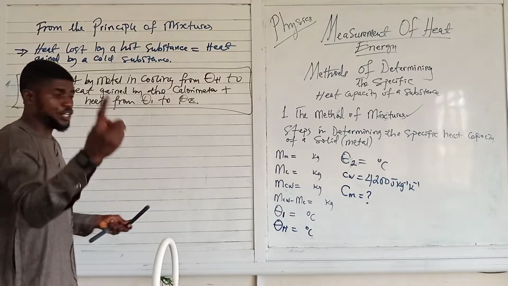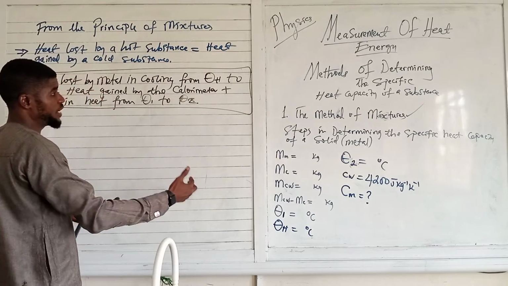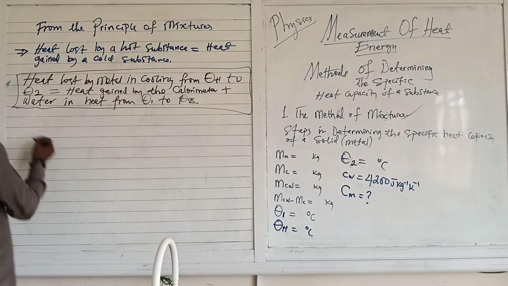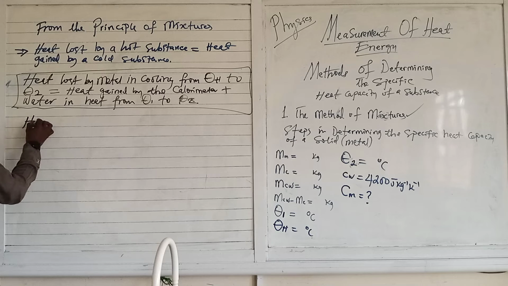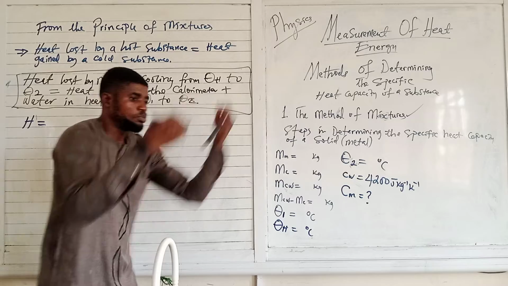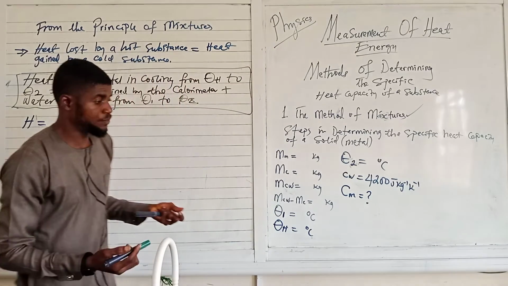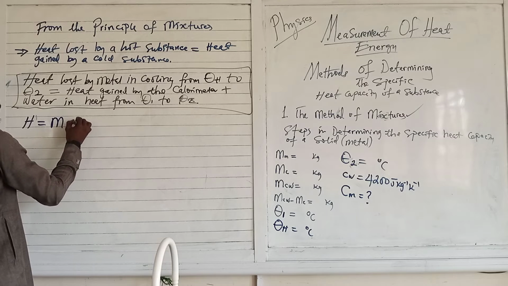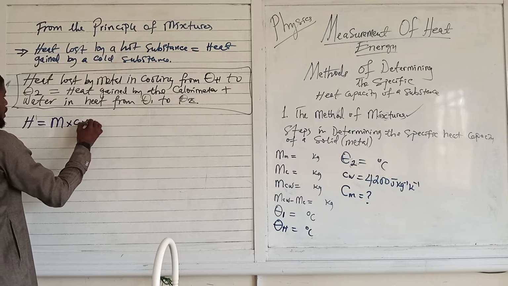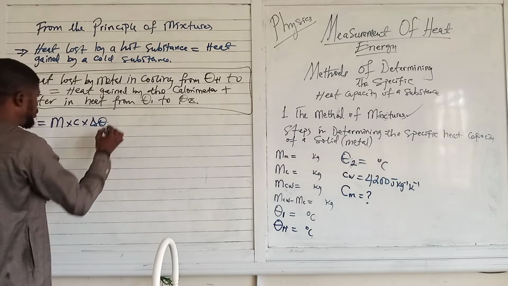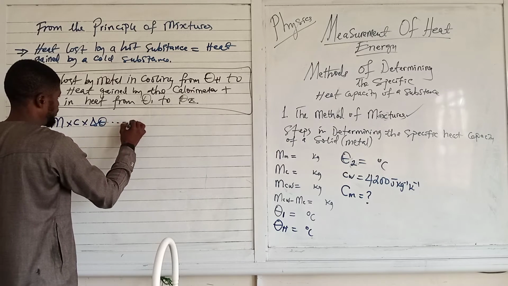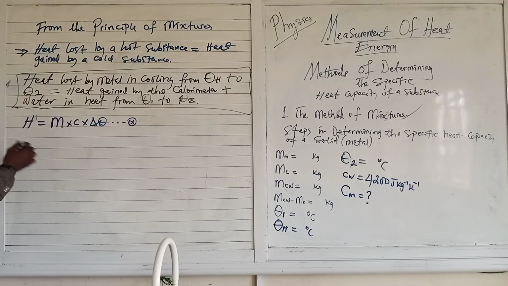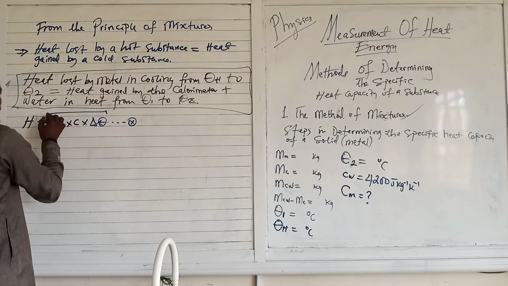Recall that from the equations I wrote here, the quantity of heat energy required to increase the temperature of a substance was given as mass of that substance times specific heat capacity of the substance times change in temperature. Call this equation star. Now, we are going to use this equation.